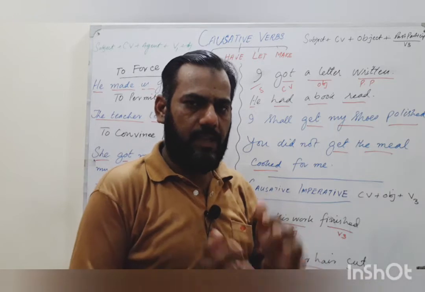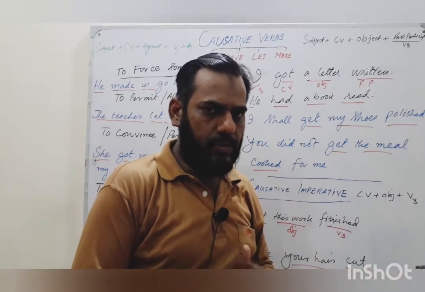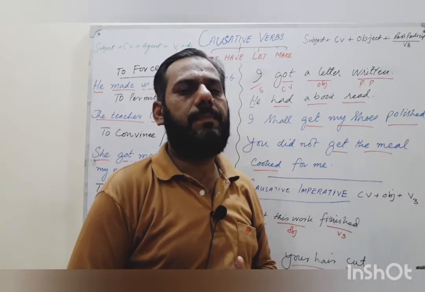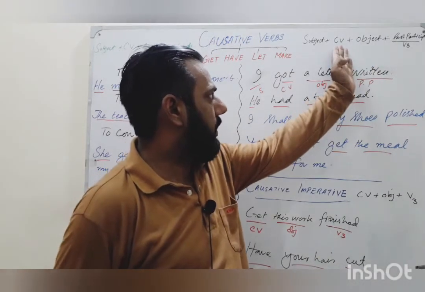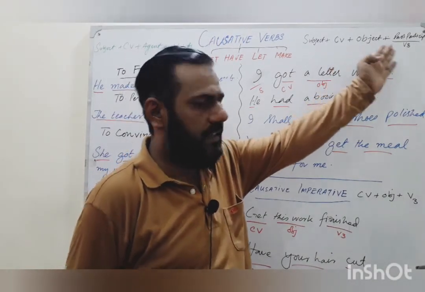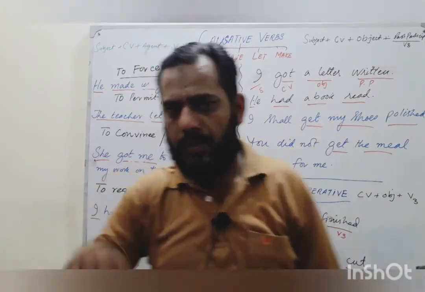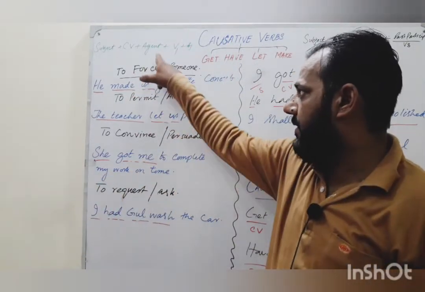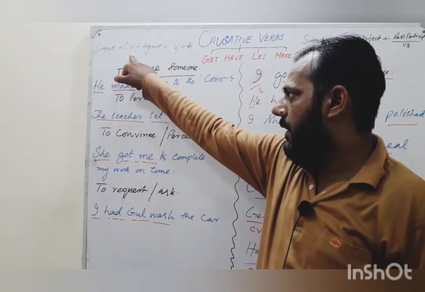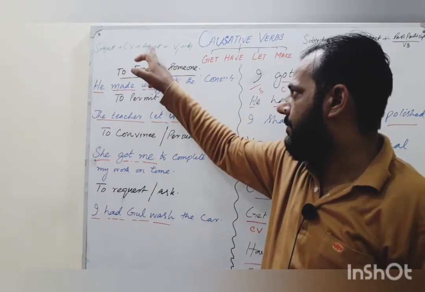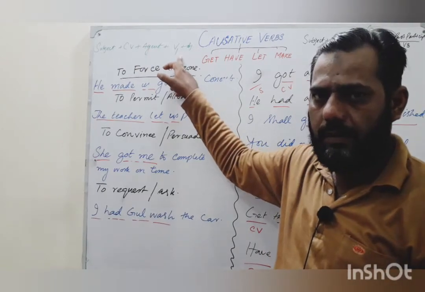So I have hidden this person, because I do not want to discuss the person who has done this job. So you can use it this way: subject, causative verb, object, and past participle. And if you want to mention another person, like another subject, you can use subject, causative verb, agent, like a second subject, and the first form of the verb.